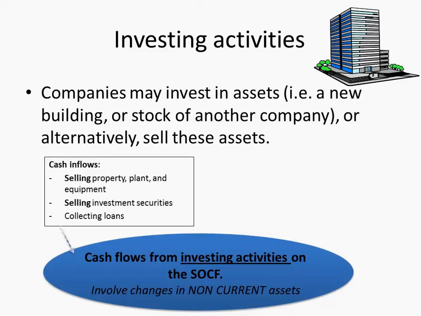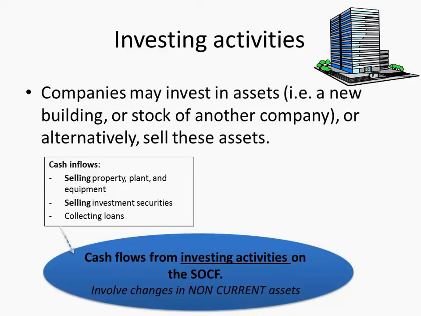So I have here cash inflows in the investing section. If you sell property, plant, and equipment, what kind of asset is property, plant, and equipment? Non-current. If you sell investments, what are those generally? Non-current, unless they're short-term.